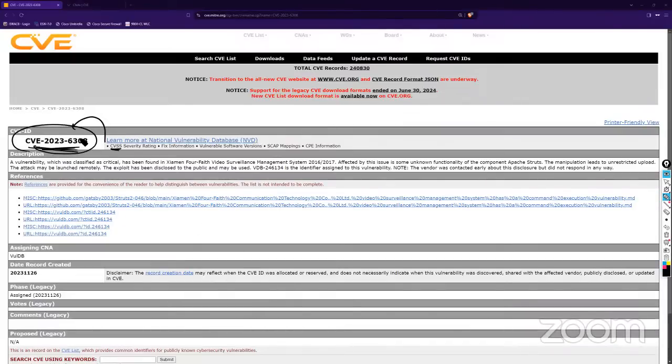In addition to knowing about the vulnerability, I can also look at the CVSS score for that vulnerability, which will tell me how severe it is. You can see it mentions the CVSS severity rating. If I click on this link, I'm obviously going to open up a new page.